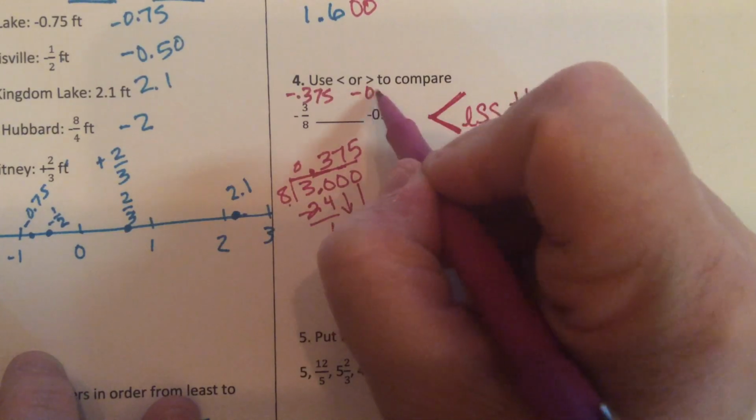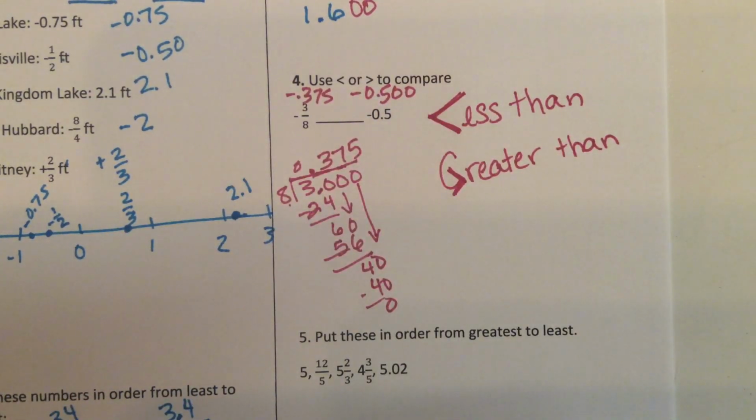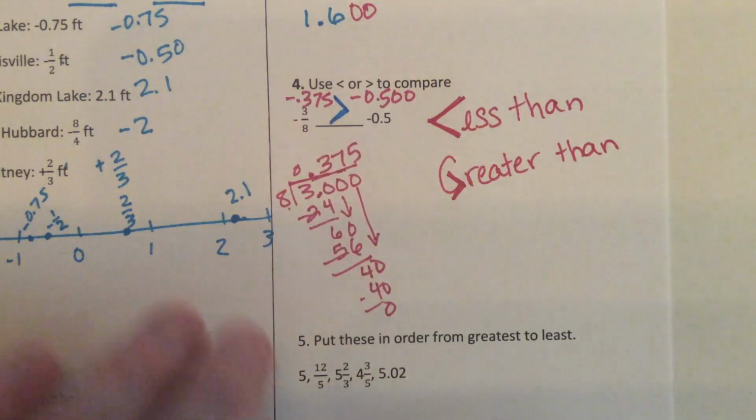And this is negative 0.500. Okay, so they're negatives though. I'm looking at 375 thousandths and 500 thousandths. But they're negative. So the one that looks bigger is actually going to be smaller because you're on the left side of the 0. So this one is actually bigger, this left one here, okay?